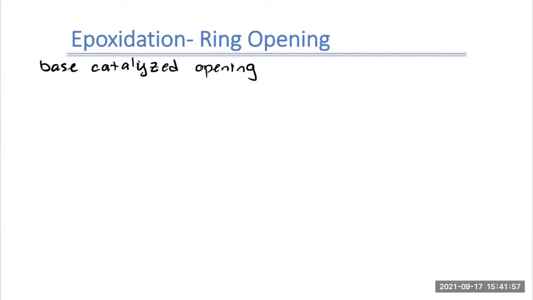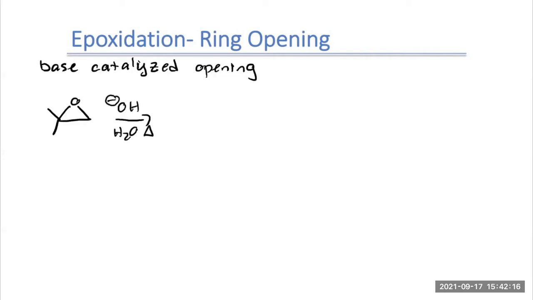And in bases, it goes through a slightly different mechanism. So if we have our epoxide and I have my base, it's going to be in water, and we also need to add some heat.